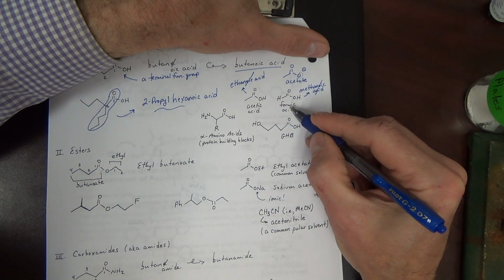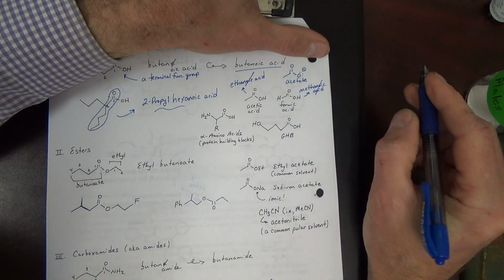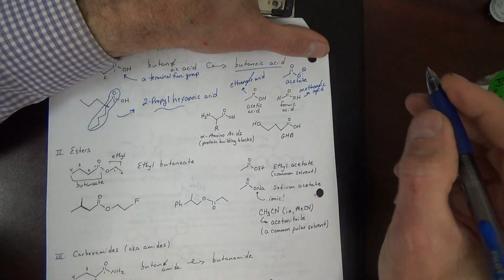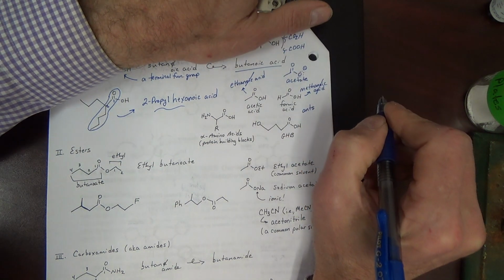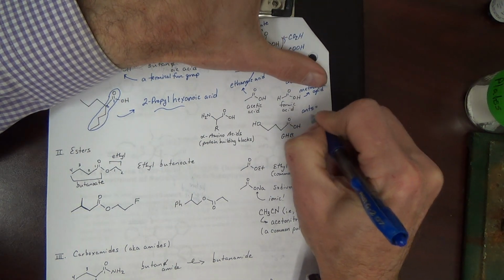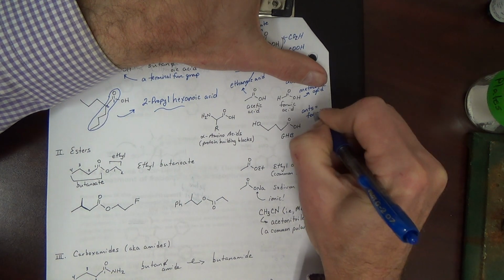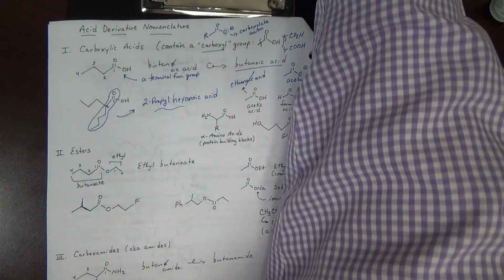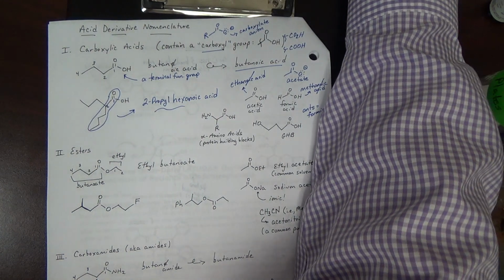This name comes from the fact that this compound is found in ants. And the scientific name for ants is Formica? Formica sounds like a countertop. What's the scientific name for the common ant?